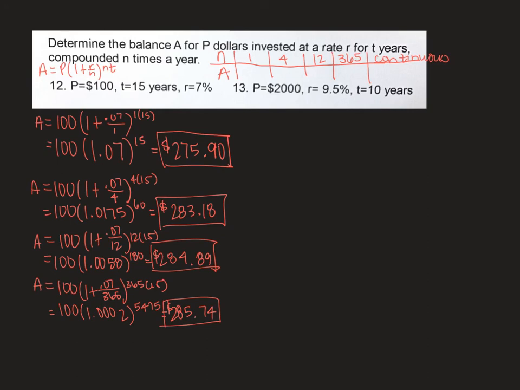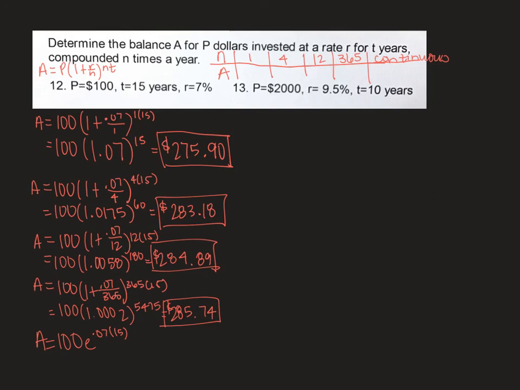When we compound continuously, remember we're using what's called the PERT formula. So P would be our 100 times e to the rate of 0.07 times our t value of 15. So 0.07 times 15 is 1.05.